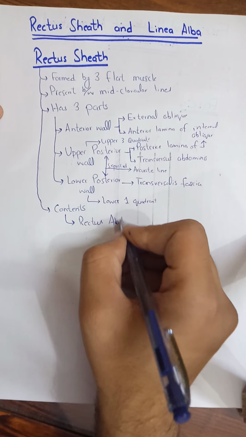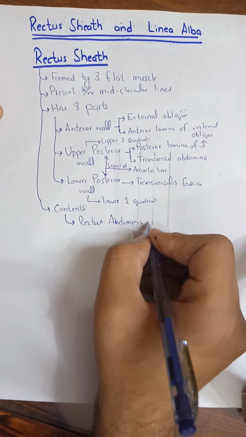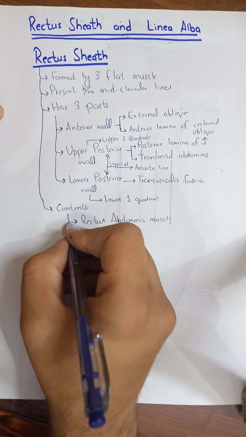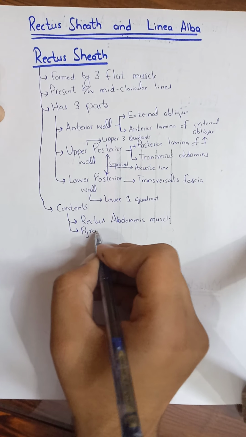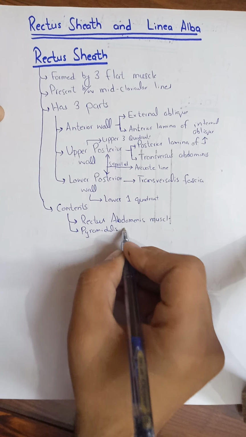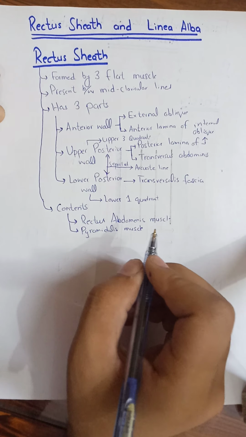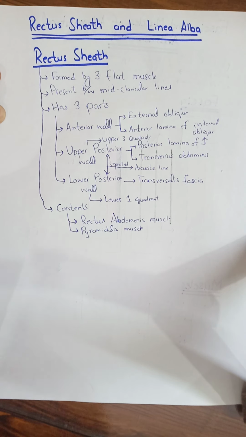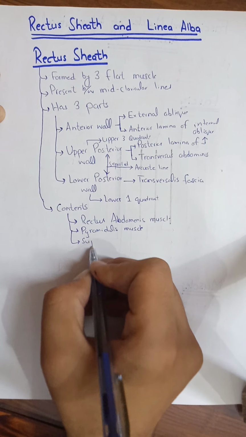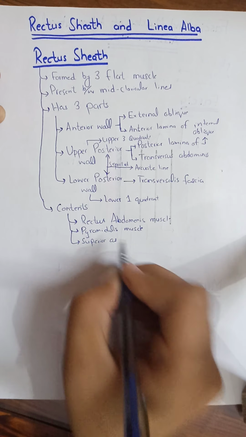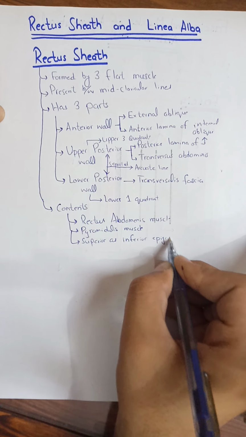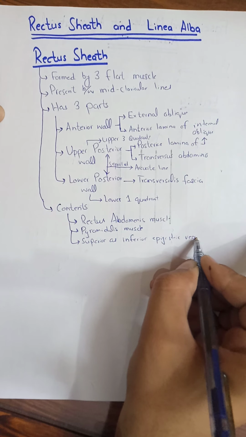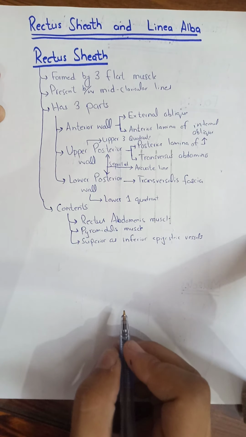Then the pyramidalis muscle, then the superior and inferior epigastric vessels. And it also contains the distal part of the thoraco-abdominal nerves.